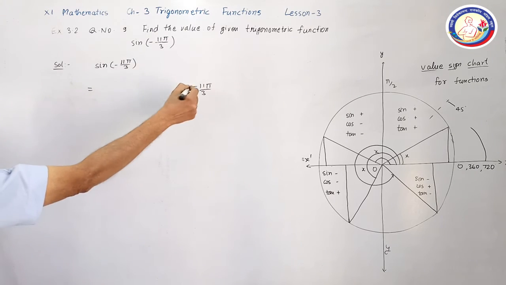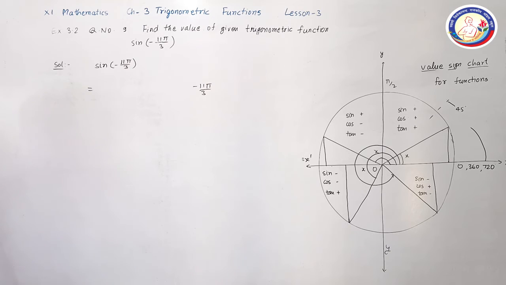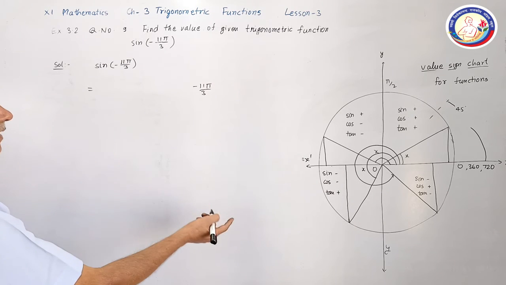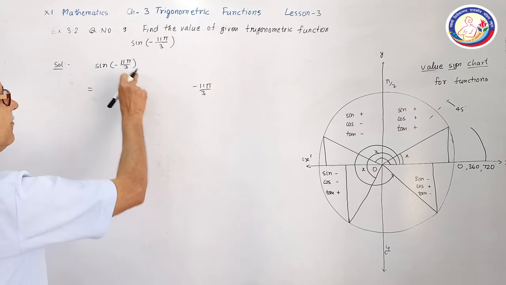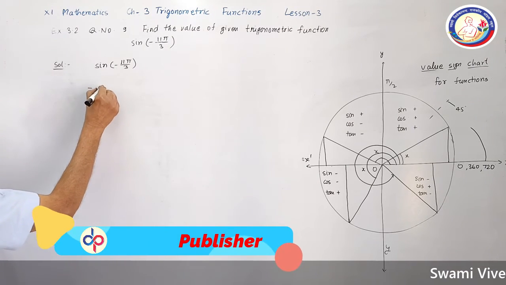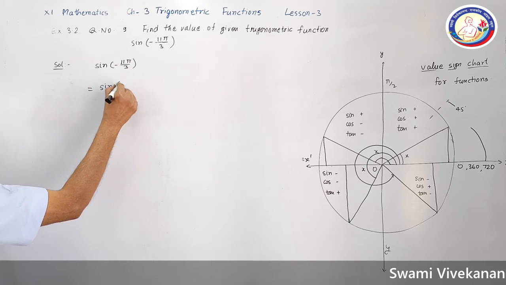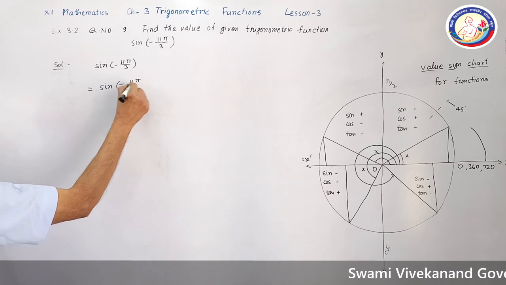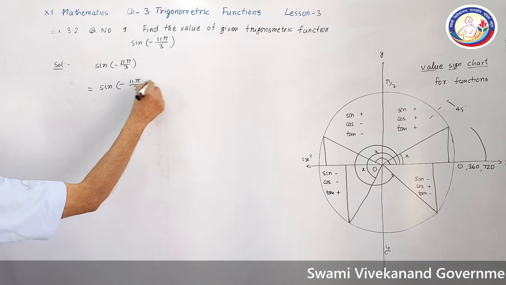We will add 4 pi to this, because if we revolve a line by 360 degrees or 2 pi, it will repeat its initial position. So we can add 2 pi, 4 pi, 6 pi to the given angle and the position will be the same. So I am adding here: sine of minus 11 pi upon 3 plus 4 pi.